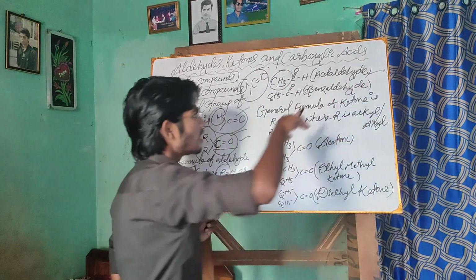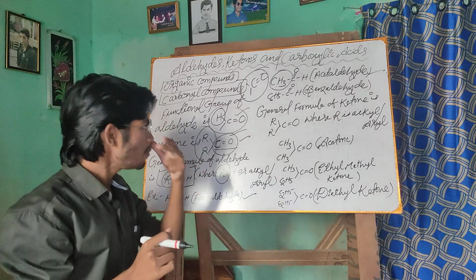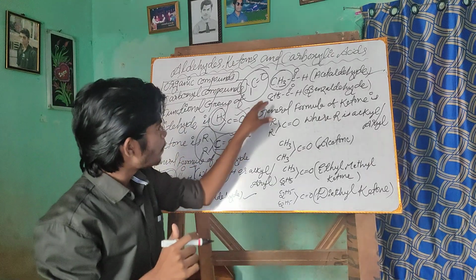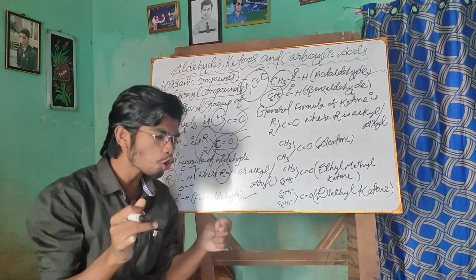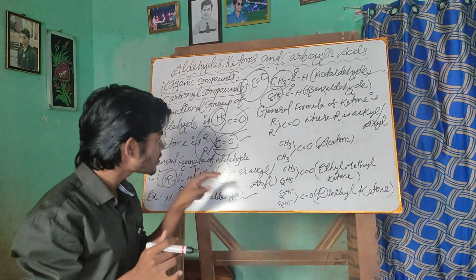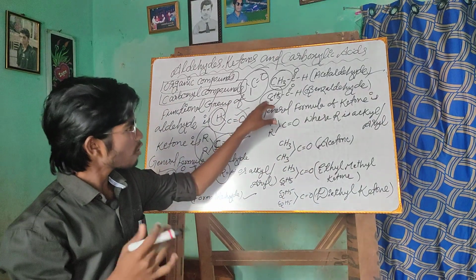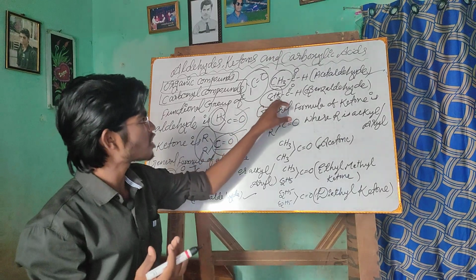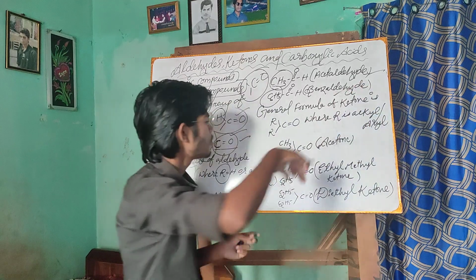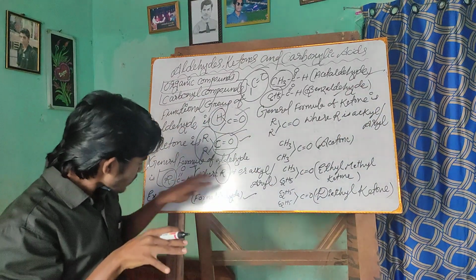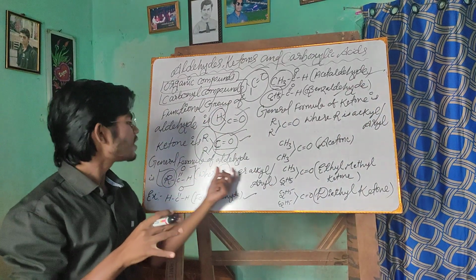This is called acetaldehyde. Similarly, if the phenyl group is attached in the place of this R, then the formula C6H5CHO is obtained, and the name of this compound is benzaldehyde. So these are the various examples of the aldehydes.